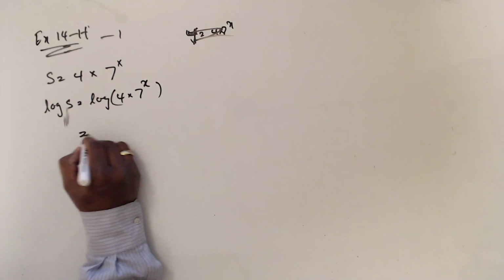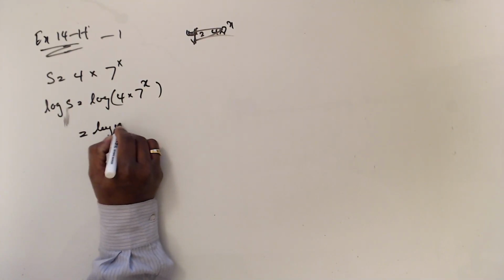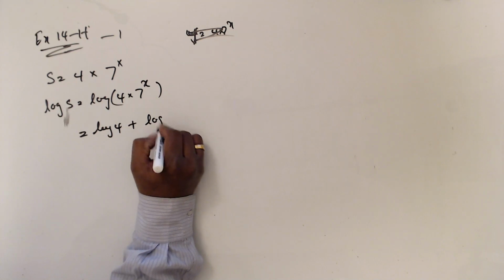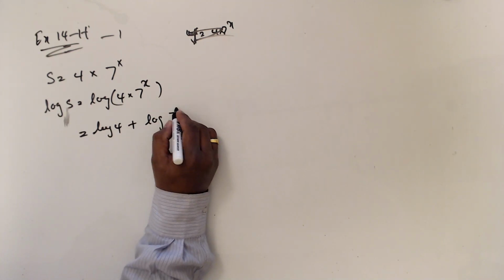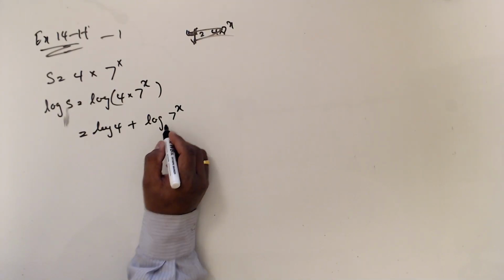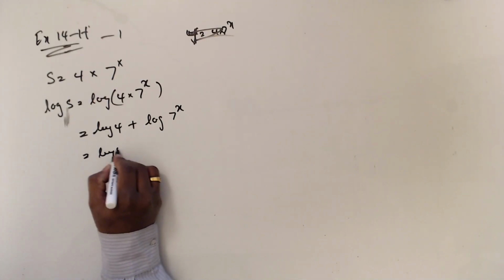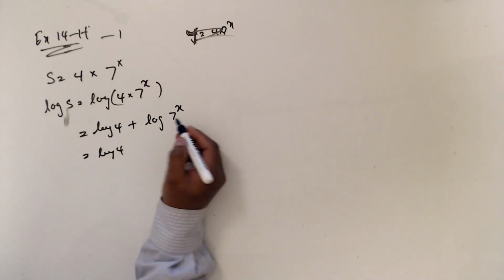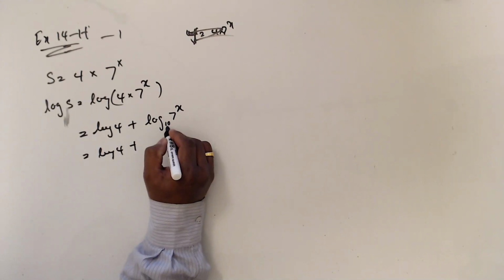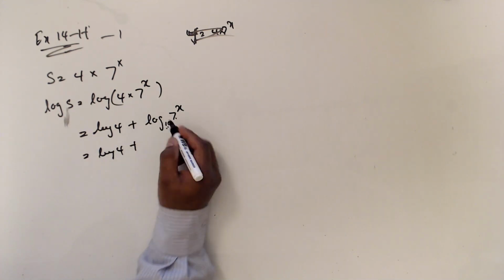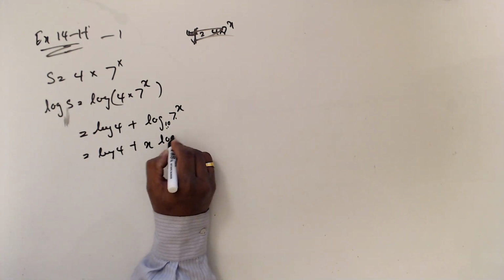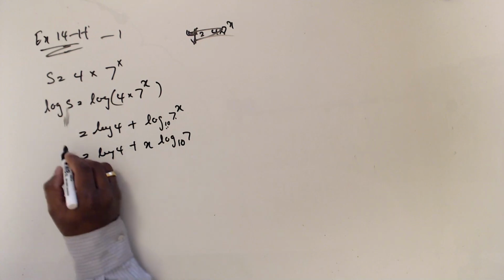Then this is going to be log 4 plus log 7 to the power x, which is x times log 7.